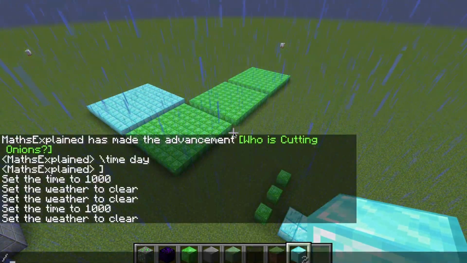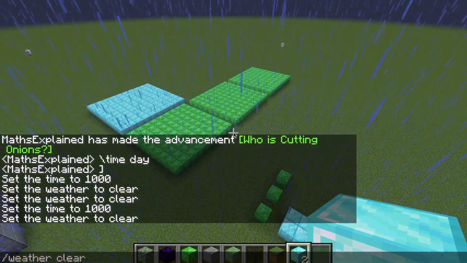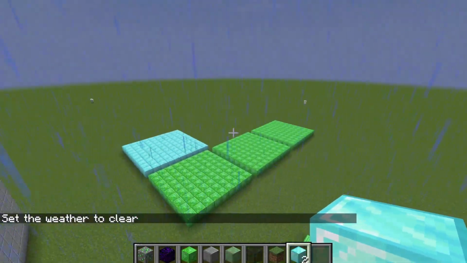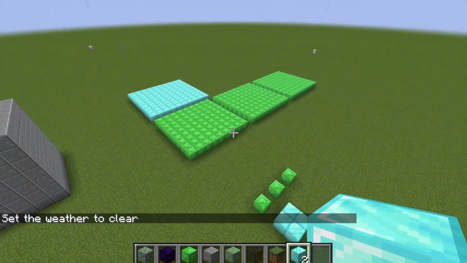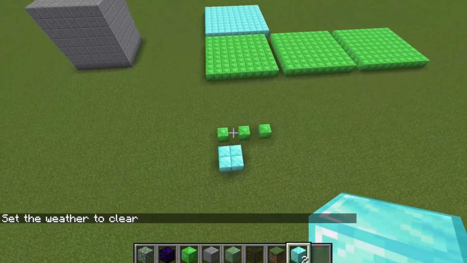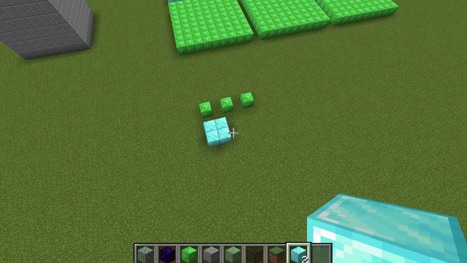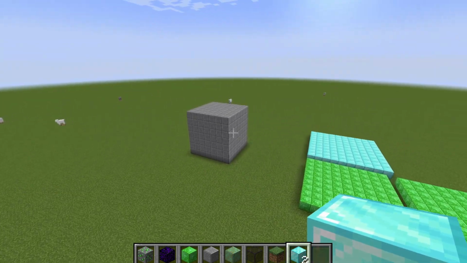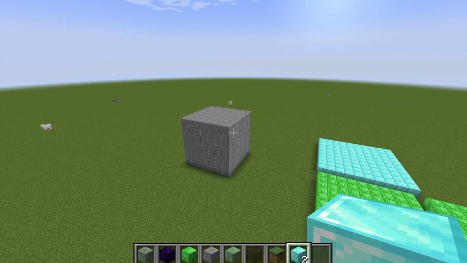Oh, it's raining again. Let's set the weather. And you can arrange it in this way, then that means you can arrange the side length of the cube in the same way, and it turns out this seemingly unrelated fact helps you prove that no, in fact, you cannot create a large cube out of two smaller cubes.